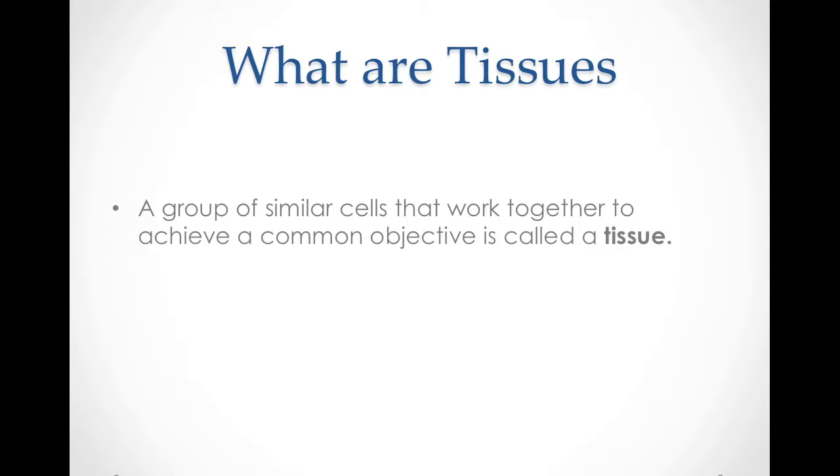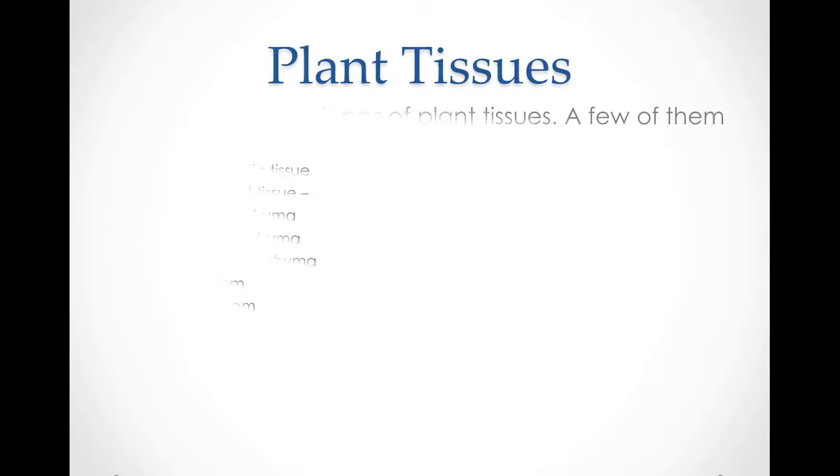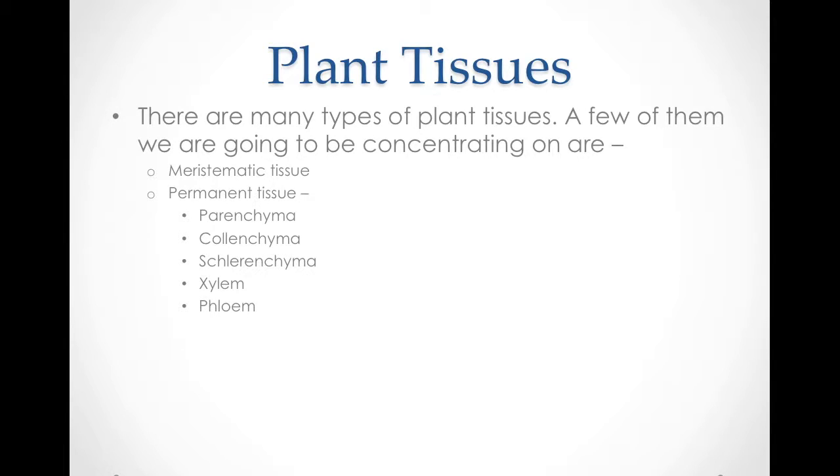Your muscles are made up of tissues. Your nerves are made up of tissues, and all the organs in your body are made up of tissues. That leads me to the next point, which is that many tissues together make up organs. Okay, all your organs are made of tissues. Your eyes, your legs, your hands, everything is made up of tissues.